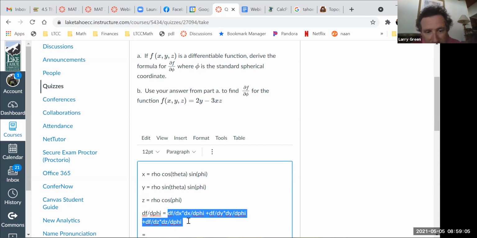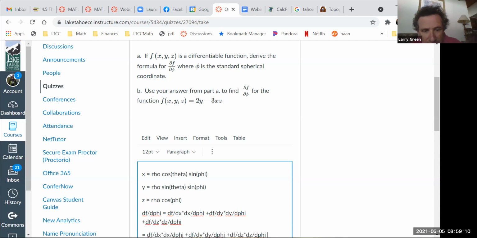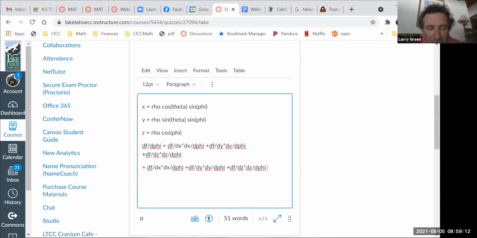Okay, now we're looking for the formula. So we get del f del x. If x is rho cosine theta sine phi, what is del x del phi?